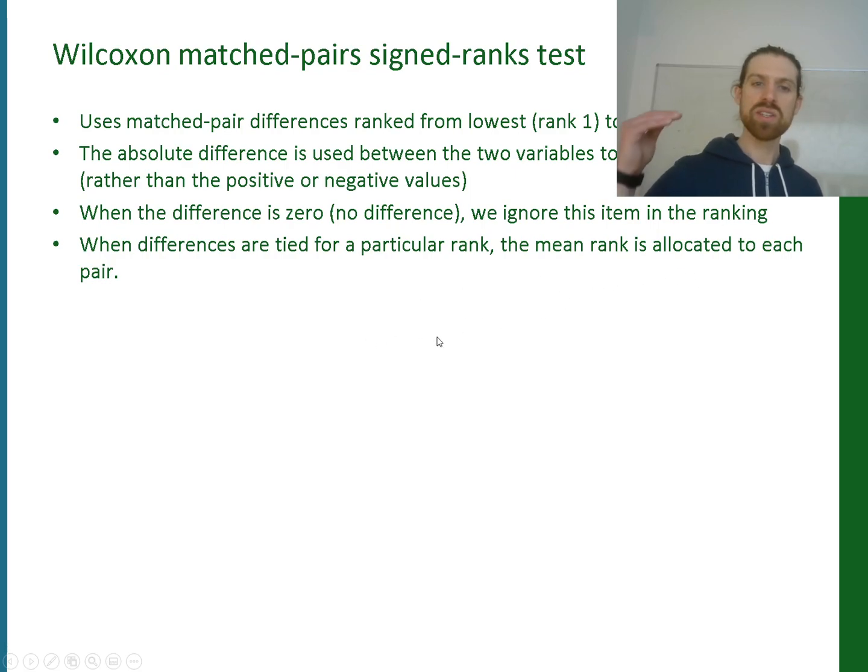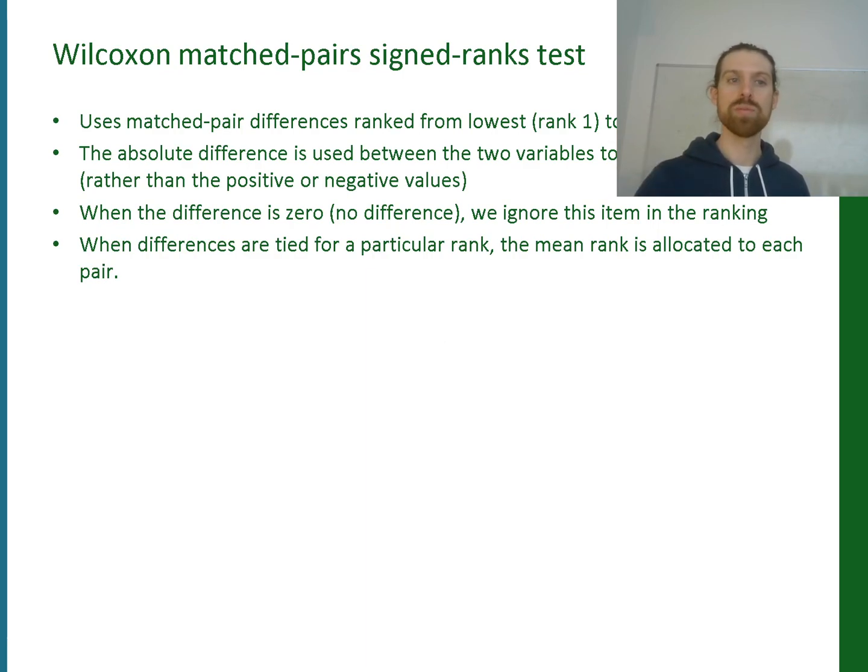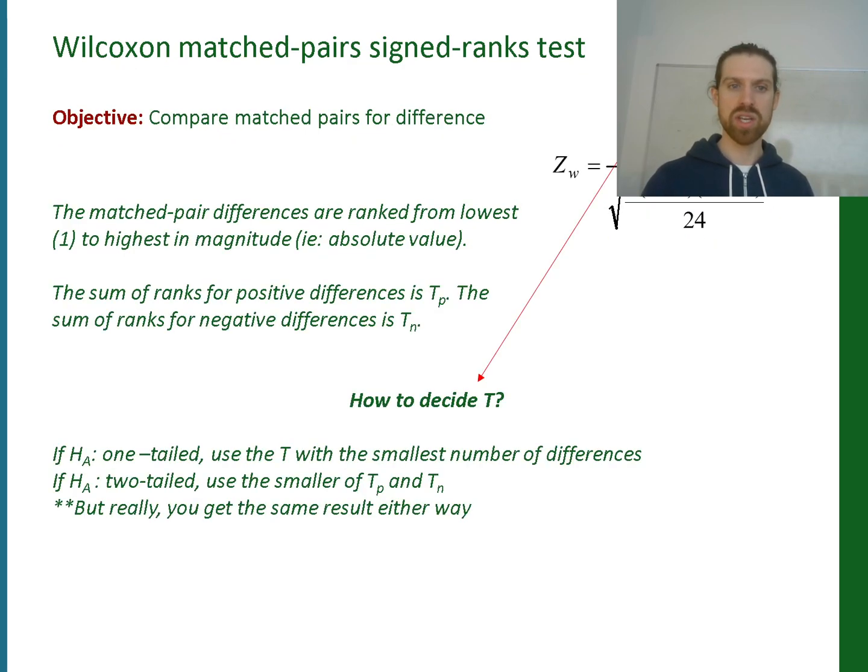Okay, so these are just some fairly standard steps that we need to take in order to conform to the particular statistical test that we want to use. The trick is going to be working out which T value to use. So essentially the matched pairs differences are ranked, as I've already mentioned, from the lowest to the highest.